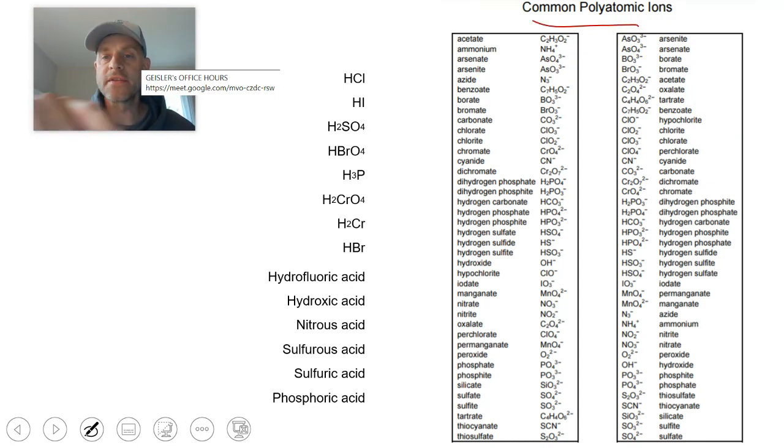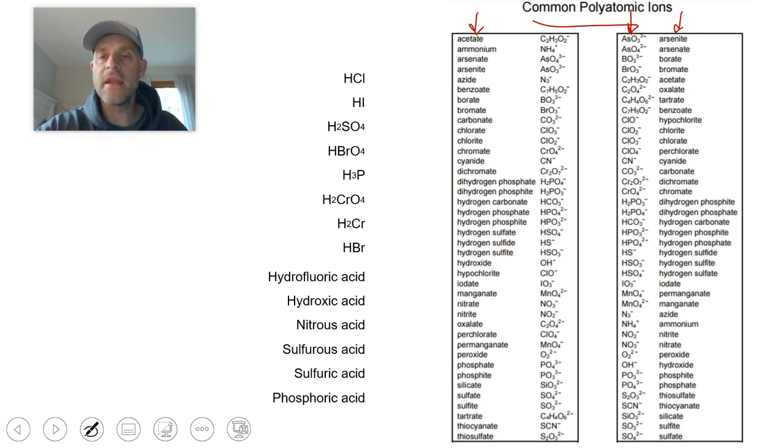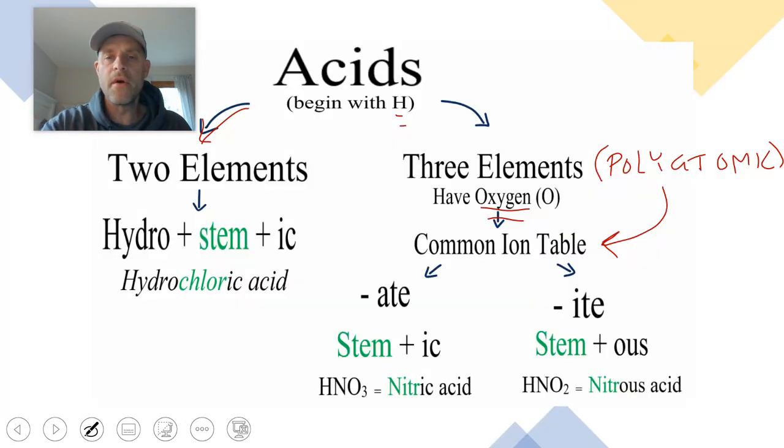If you look down, here are the names, and next to them is the polyatomic ion. It's the multiple elements that make up that one compound. So if I have 3 or more elements, I'm going to go this way, and I'm going to use my polyatomic ion table.